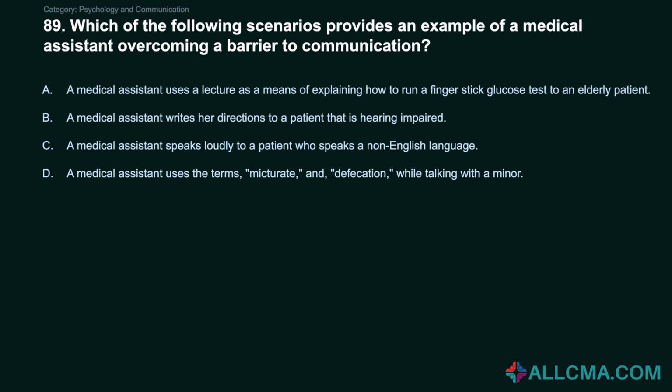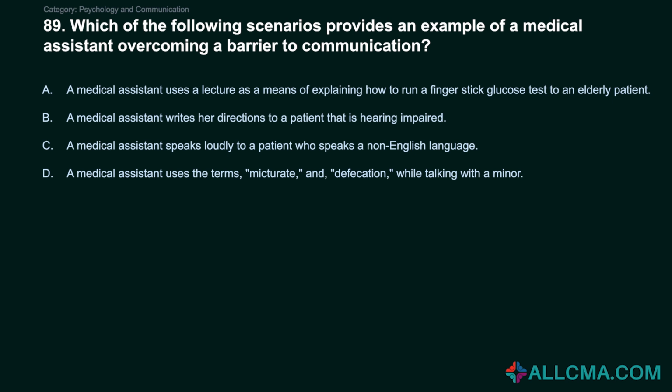89. Which of the following scenarios provides an example of a medical assistant overcoming a barrier to communication? A. A medical assistant uses a lecture as a means of explaining how to run a finger-stick glucose test to an elderly patient. B. A medical assistant writes her directions to a patient that is hearing impaired. C. A medical assistant speaks loudly to a patient who speaks a non-English language.